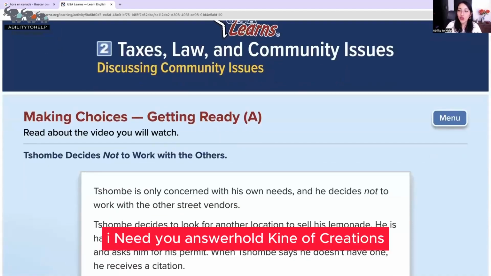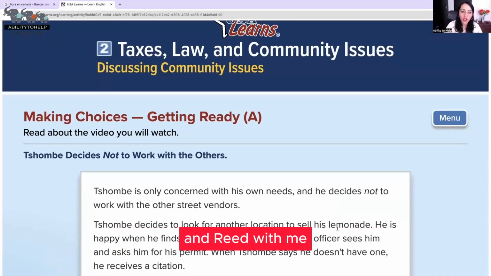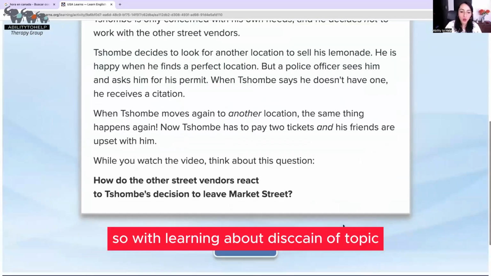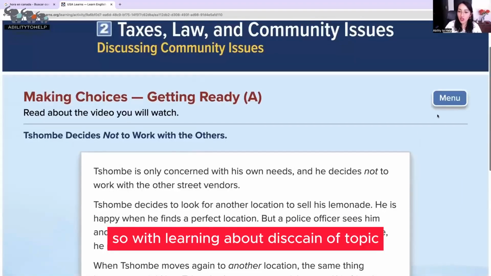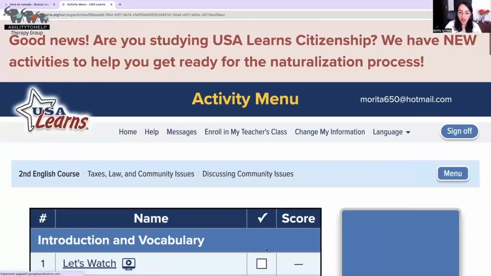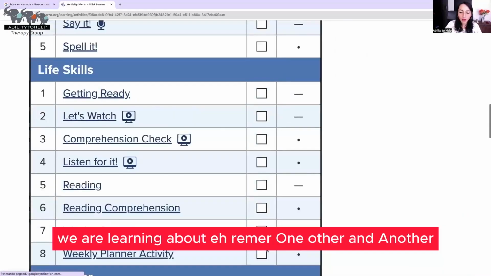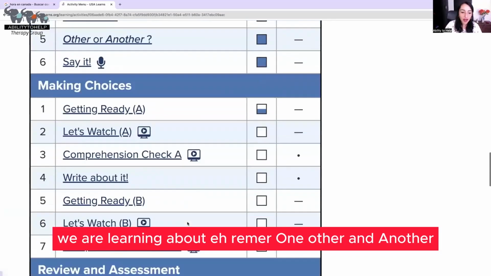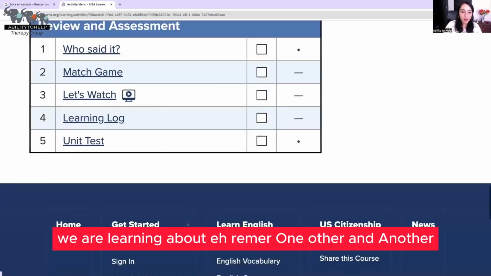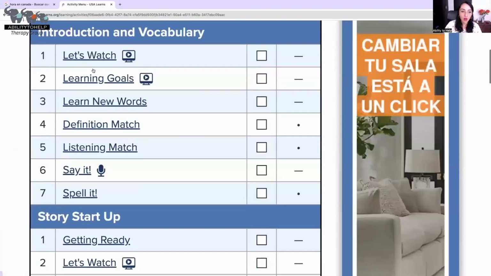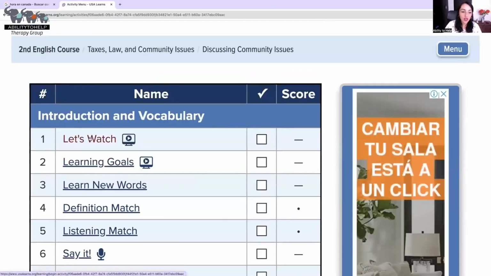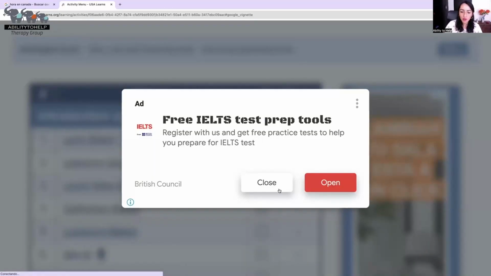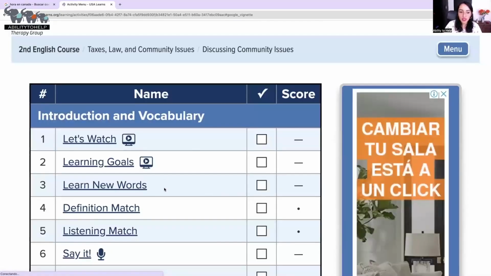I need you to answer all kinds of questions and read with me. We are learning about grammar: one, other, and another. But we could learn more about this unit. So let's see this unit from the beginning to the end.